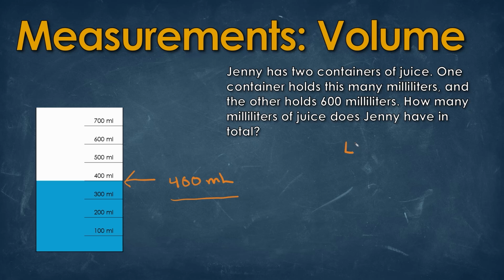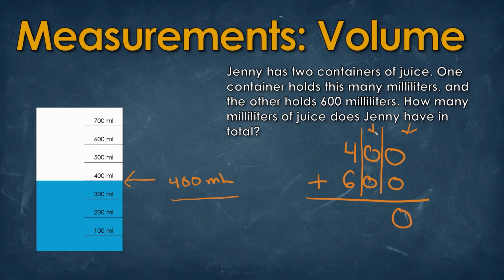Well, we know that Jenny has 400 from this volume, and she also has another that's 600. So in total, meaning we're going to add, how much does she have? So if we remember, for addition, we can separate out the individual columns, so we can add up, starting on the right, 0 plus 0 is 0.